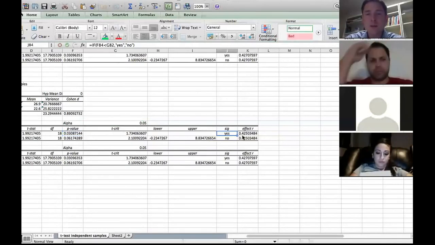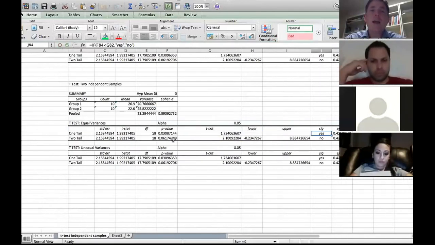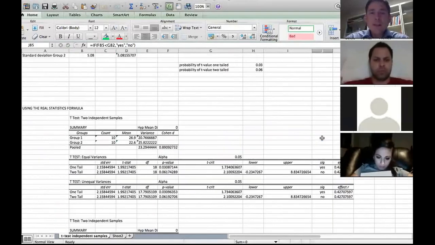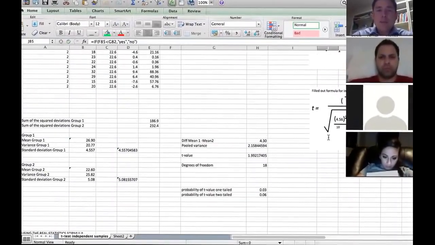If it's bigger than 0.05, I retain the null. So here it's yes, and in the other case, no. So this will be the independent samples t-test.